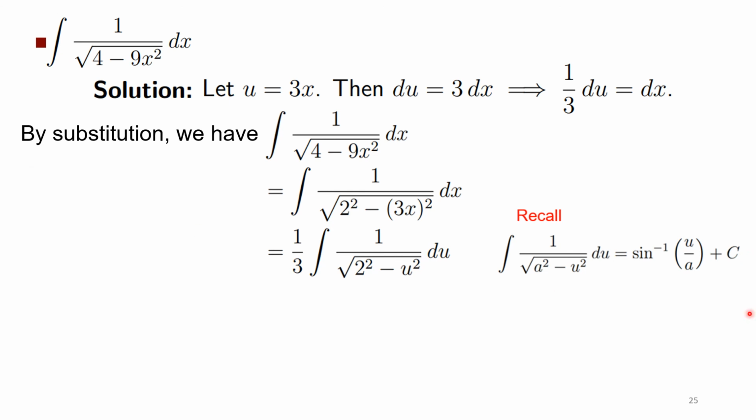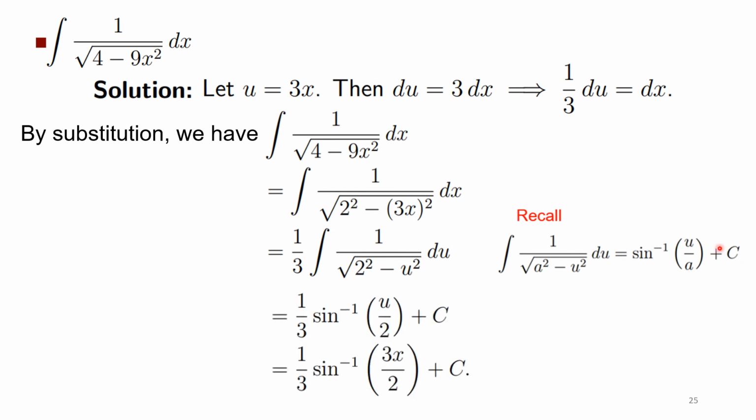So that is now equal to 1/3 sine inverse of u, our u here is 3x, and our a is 2. So you have 1/3 sine inverse of 3x over 2 plus c from this formula here.